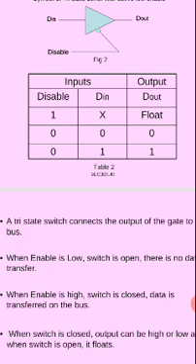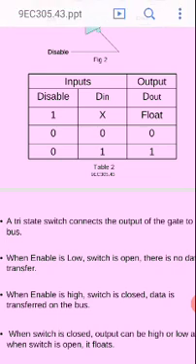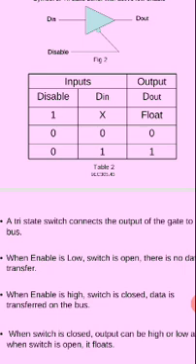Data is transferred on the bus. When switch is closed, output can be high or low. When the switch is open, it floats.